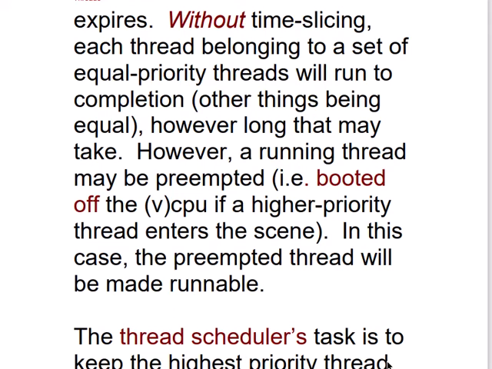One thread will run after the other, depending on which is picked first, and however long that might take. A running thread might be preempted, i.e. kicked off the CPU, if a higher priority thread enters the scene. In this case, the preempted thread will simply be made runnable by putting it on the back of the runnable queue.